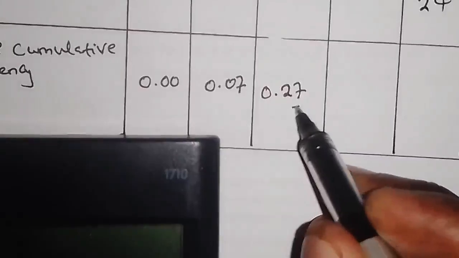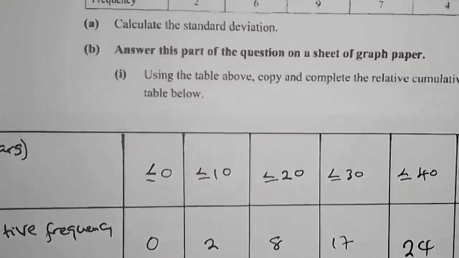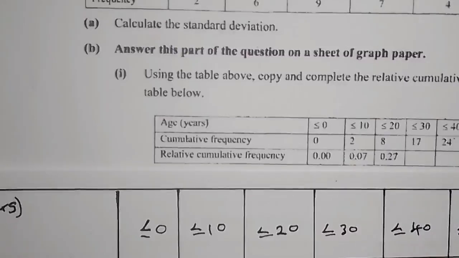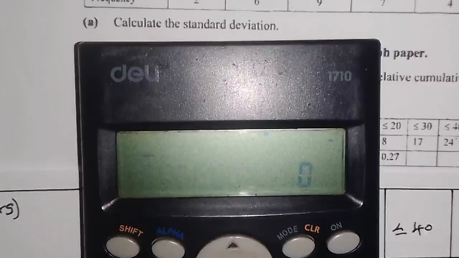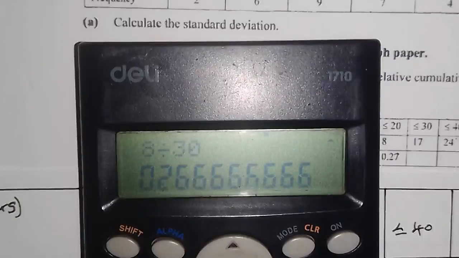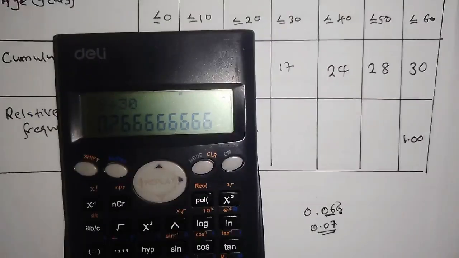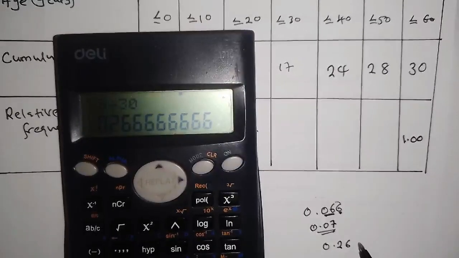So how did they get 0.27? You take the corresponding value, so you get 8 divided by 30. You're going to get 0.2666.